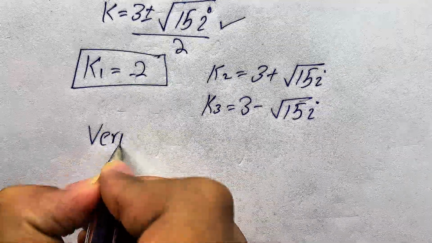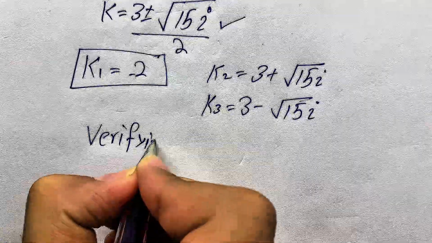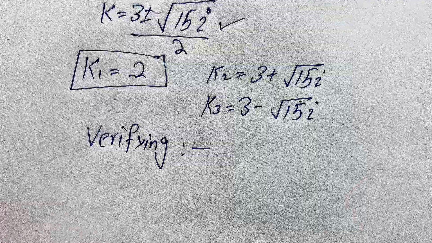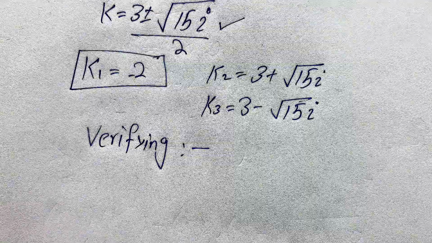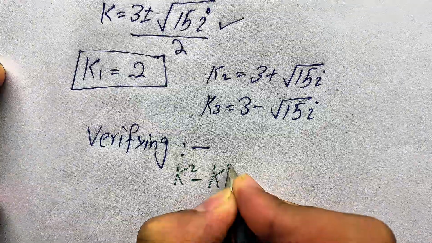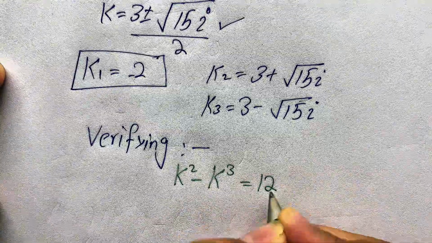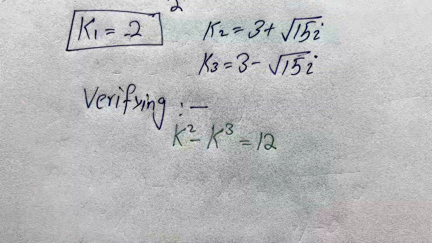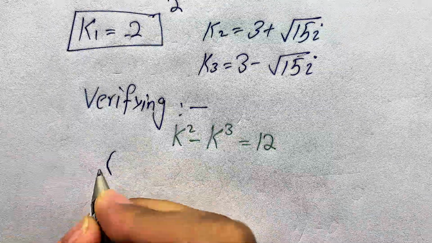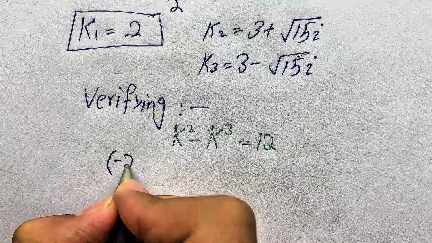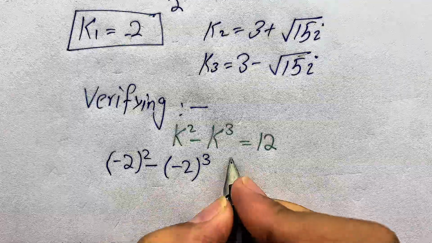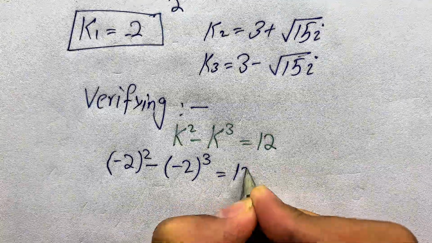Now we verify this value. k1 is equal to -2, and our question is k^2 - k^3 = 12. Now we put this value, k = -2: (-2)^2 - (-2)^3 = 12.